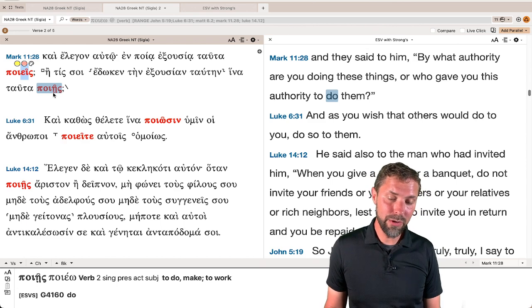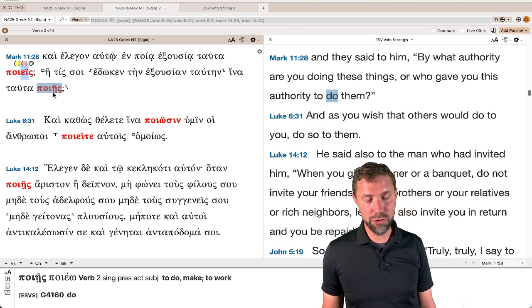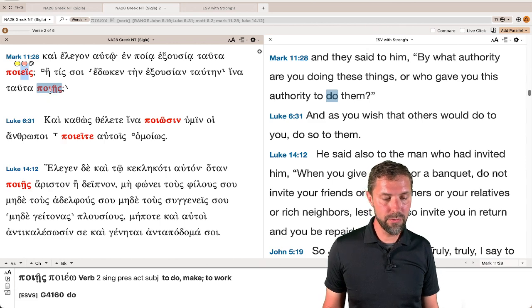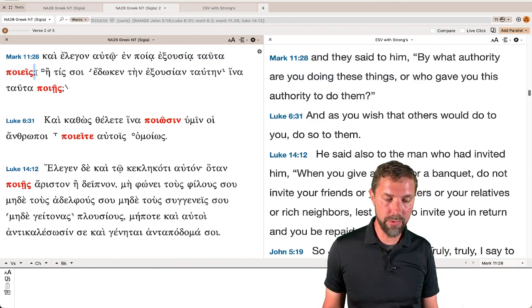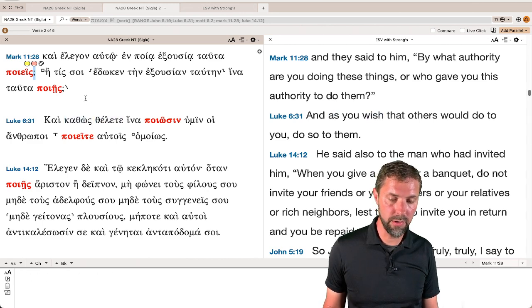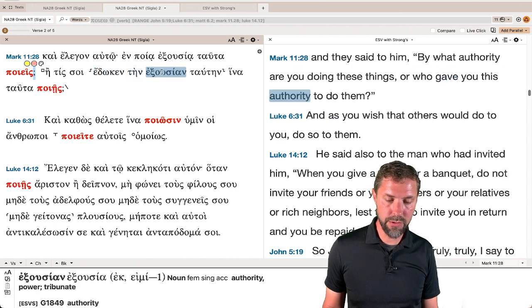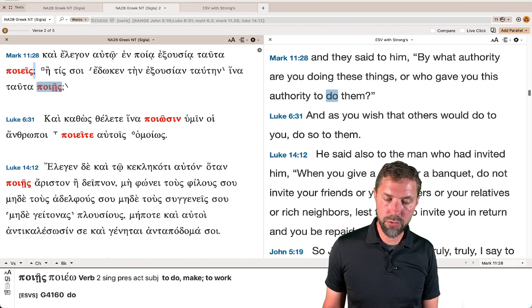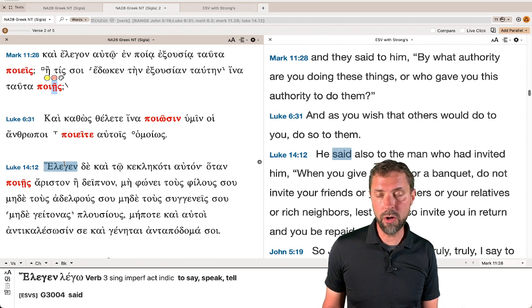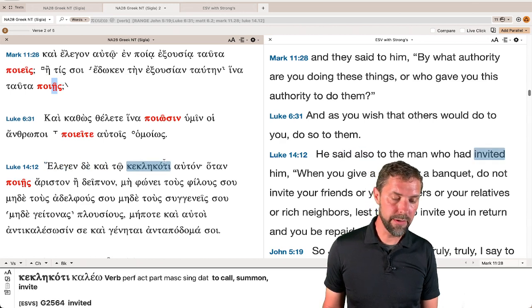And the meaning is going to be different. The subjunctive is a "should" idea. And so the reading of this goes, and they said to him, by what authority are you doing these things? Question mark. Remember this semicolon in our editions of Greek is a question mark. Or who gave to you this authority in order that you should do these things? It's a subjunctive. There are other ways that you could tell it's a subjunctive, but it sure helps to know your contract vowel rules to tell the difference.